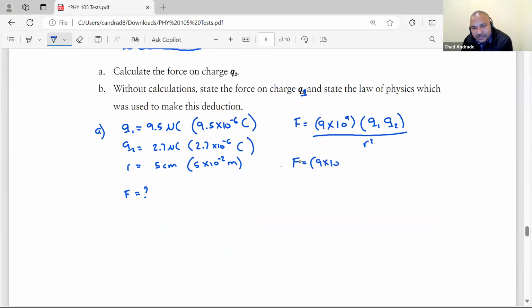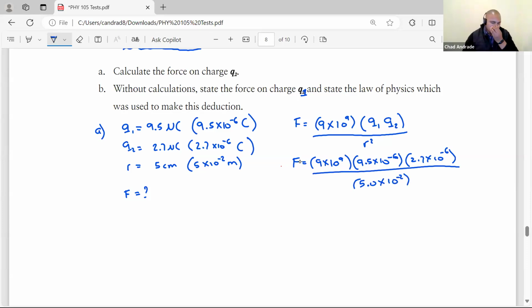So it's 9 times 10 to the 9 multiplied by 9.5 times 10 to the minus 6 times 2.7 times 10 to the minus 6 divided by 5.0 times 10 to the minus 2 squared.